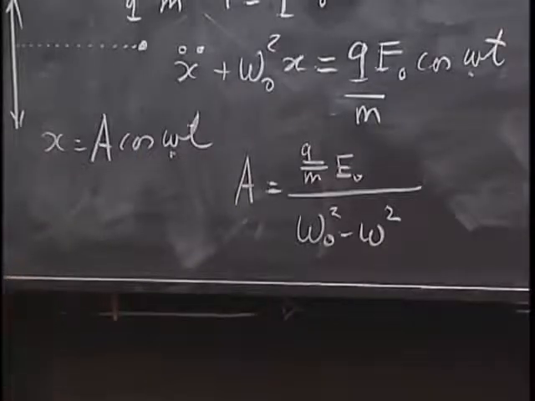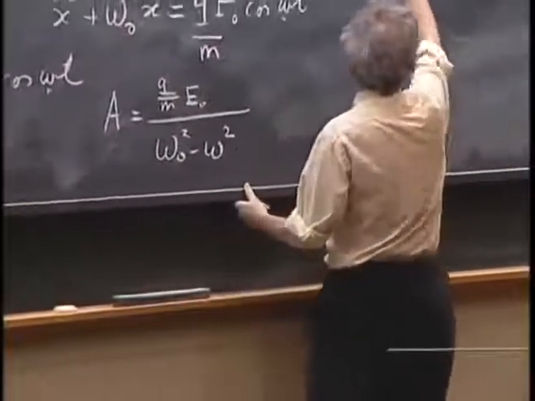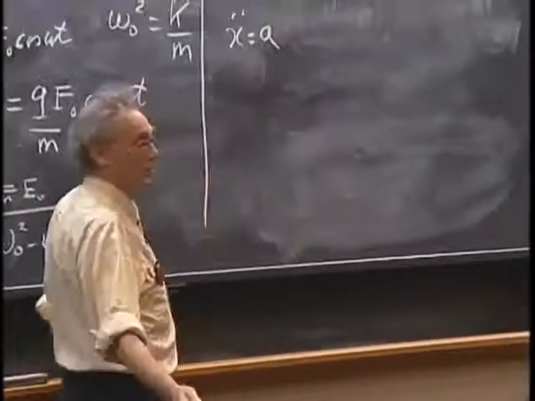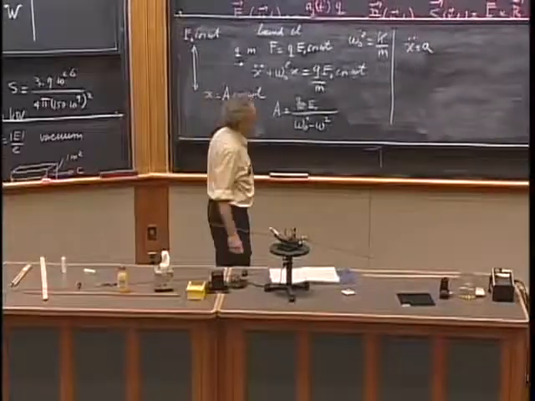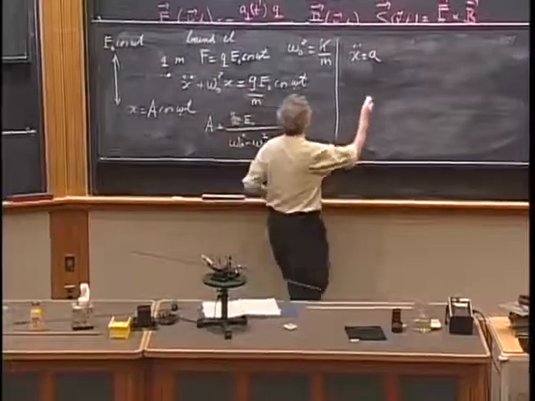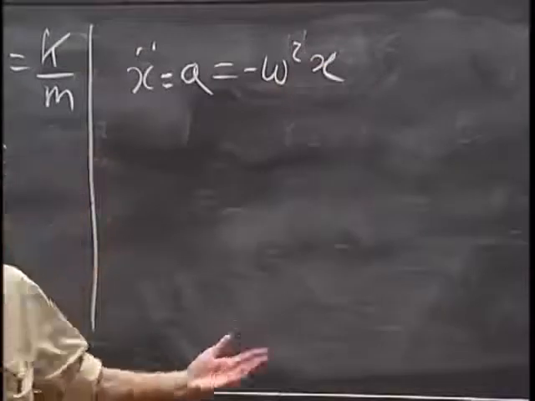But now we want to know how much radiation it's going to produce. So now we have to calculate what x double dot is, because x double dot is the acceleration of the electron. And then we want to see how much radiation comes out. And so the x double dot becomes minus omega squared times x. It's just taking the second derivative, right?